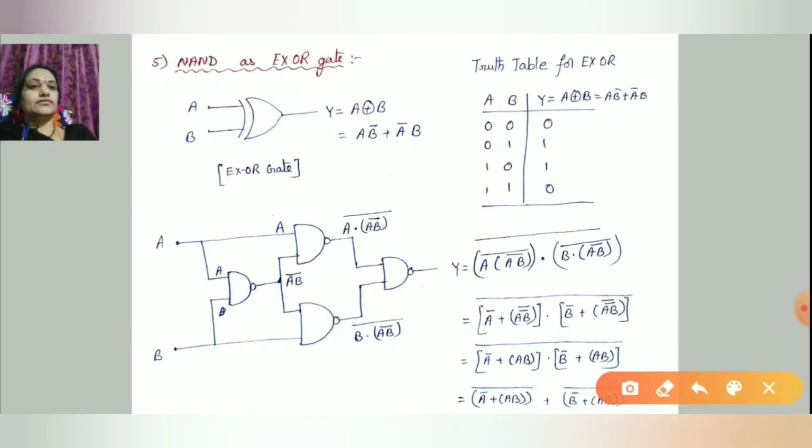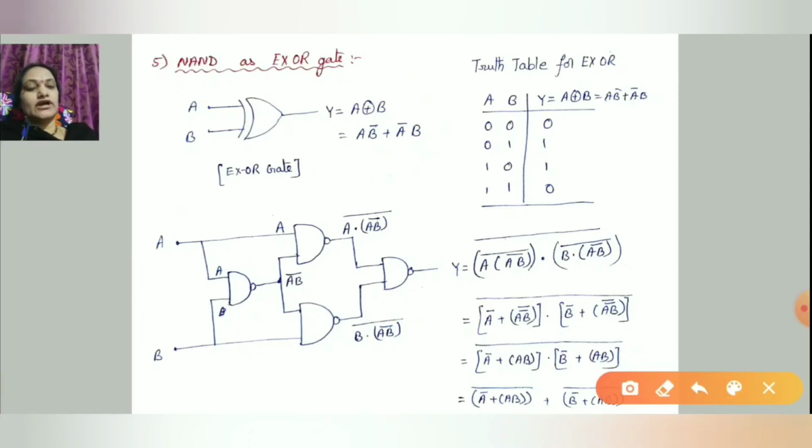So now you see, this is the circuit to satisfy this expression. Okay. Here we have used 4 NAND gates. Here the inputs for this NAND gate are A and B. You can see the circuit and observe what is the inputs for this NAND gate, A and B. Okay.